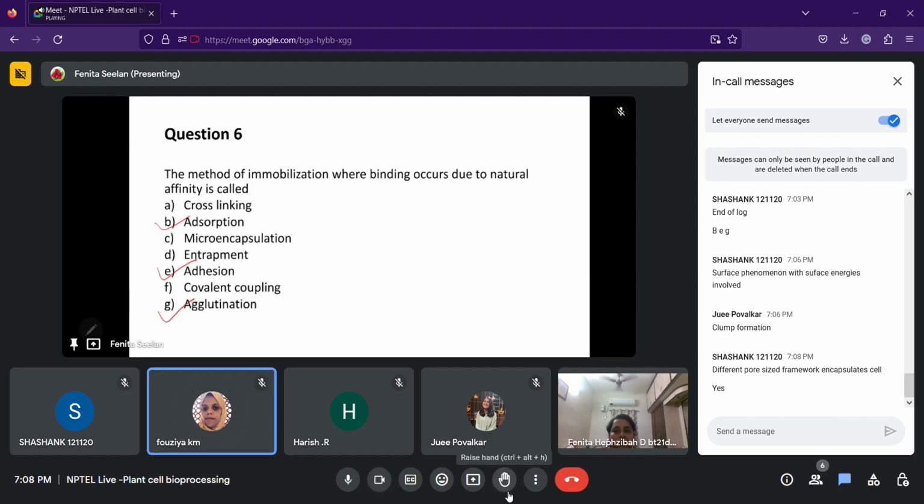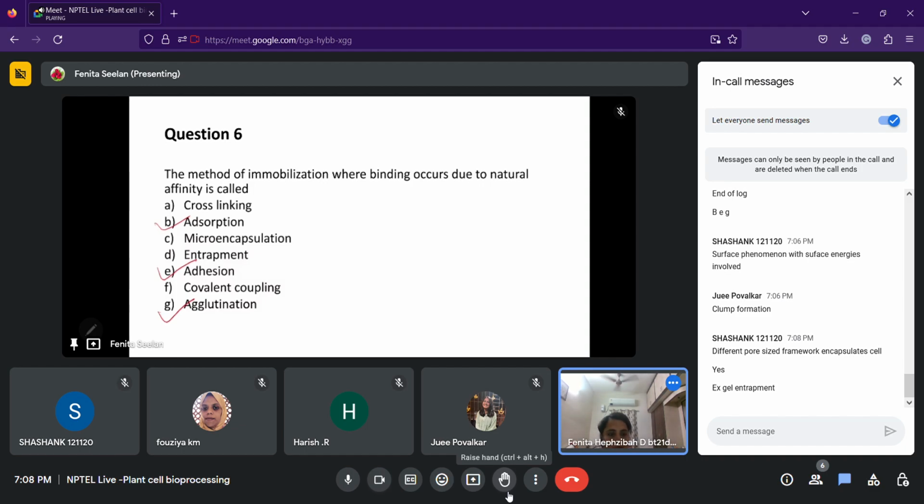Then what do you mean by entrapment? Example, gel entrapment. In a gel, all the particles or your cells are getting entrapped in it. They are not formed into beads, but they are just like a bed of things, getting entrapped inside. Okay. So what is cross-linking then?